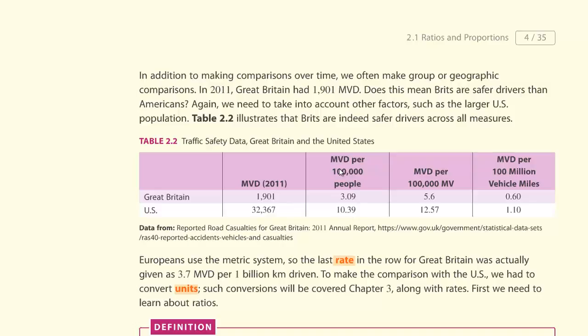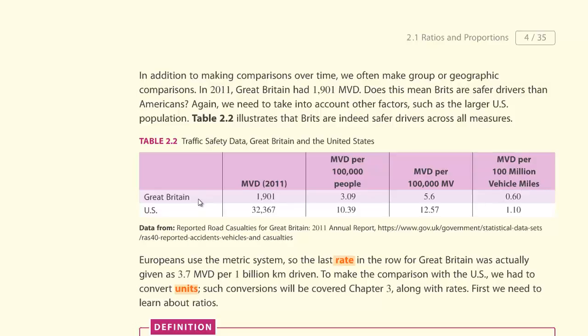So this means for every 100,000 people in the population, 10.39 people died from motor vehicle deaths versus 3 in Great Britain. And then over here, we can do it per 100,000 motor vehicles. So how many people died per how many vehicles that are on the road. And then this last one is how many people died per every 100 million vehicle miles driven.